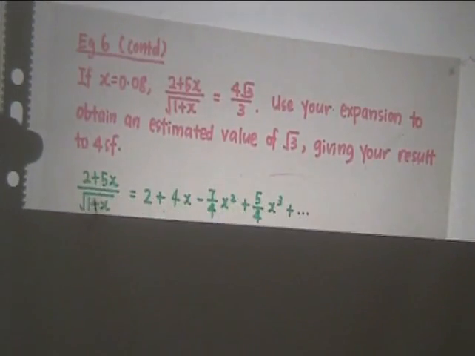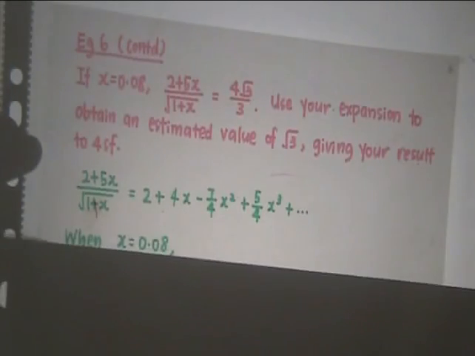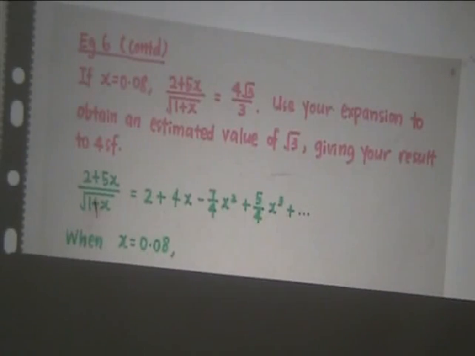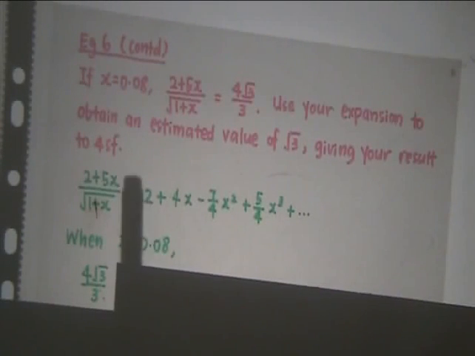So earlier we have found that the expansion of this expression is 2 plus 4x minus 7 over 4 x squared, and so on. So when x is equal to 0.08, this term here will give you 4 square root 3 over 3. So what we do is we want to substitute x into the expression over here.